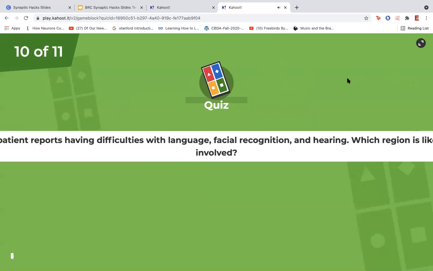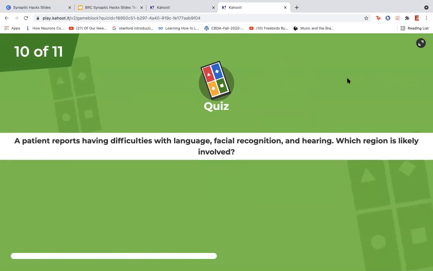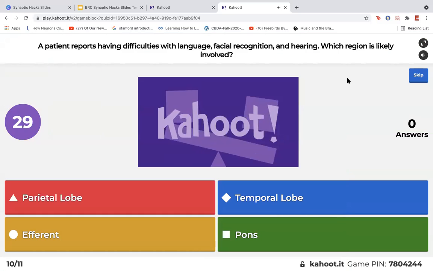All right, question 10. Out of 11, so home stretch. Finish strong. A patient reports having difficulties with language, facial recognition, and hearing. Which region is likely involved? This one's slightly harder, but we did cover it.